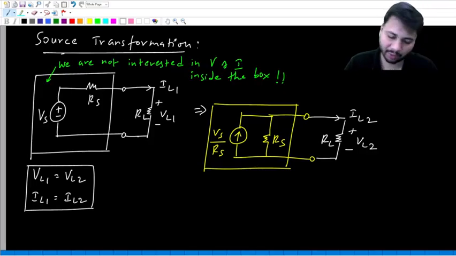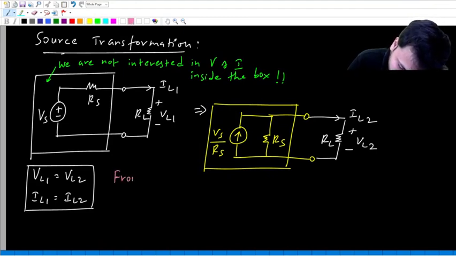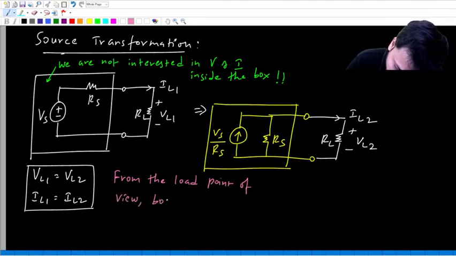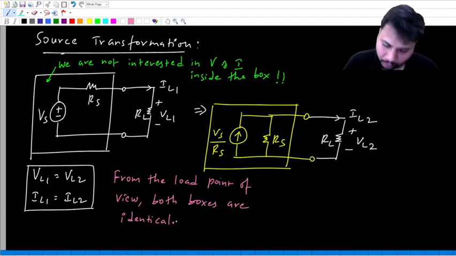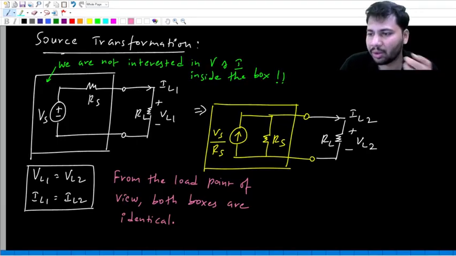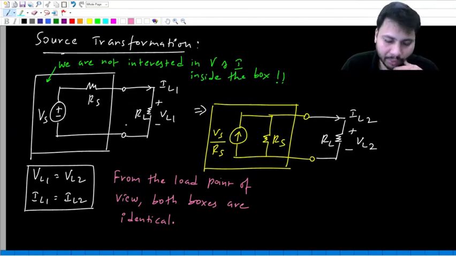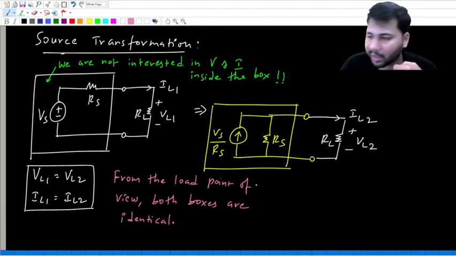So from the load point of view, both boxes are identical, because in both the cases the load gets the same voltage as well as the same current. The load cannot distinguish whether it is connected across the first box or the second box.